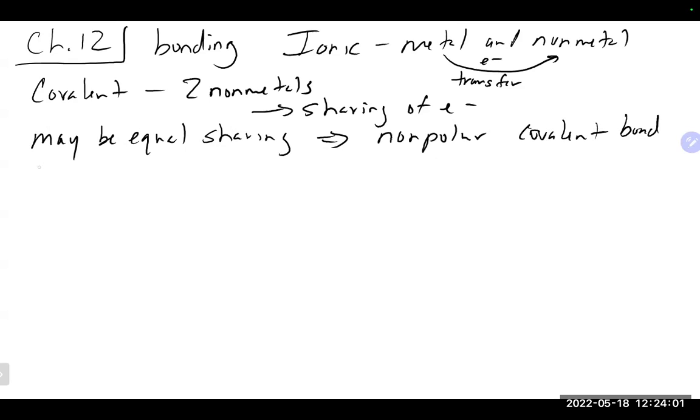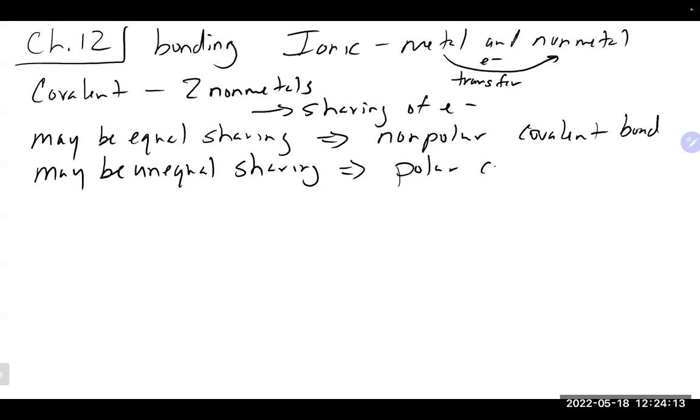And if the sharing is unequal, that is what is referred to as a polar covalent bond. What determines whether or not the electrons are being shared equally or unequally is the electronegativity.